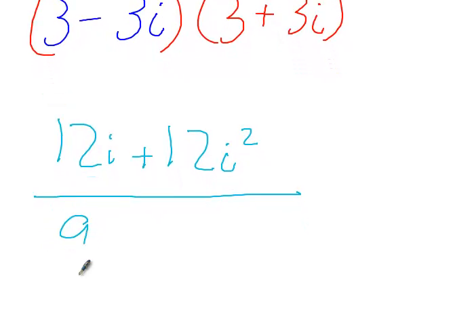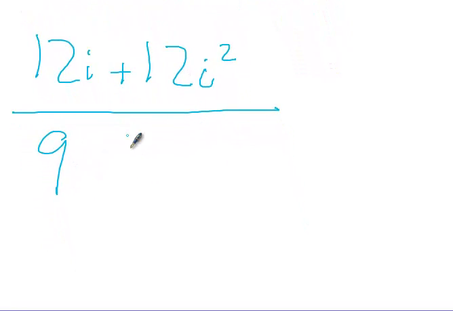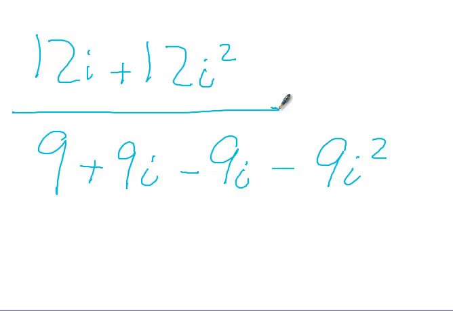3 times 3 is 9. 3 times 3i is 9i. Negative 3i times 3 is minus 9i. Negative 3i times positive 3i is minus 9i squared. Now all you do is simplify. So we know that 9i minus 9i cancels.